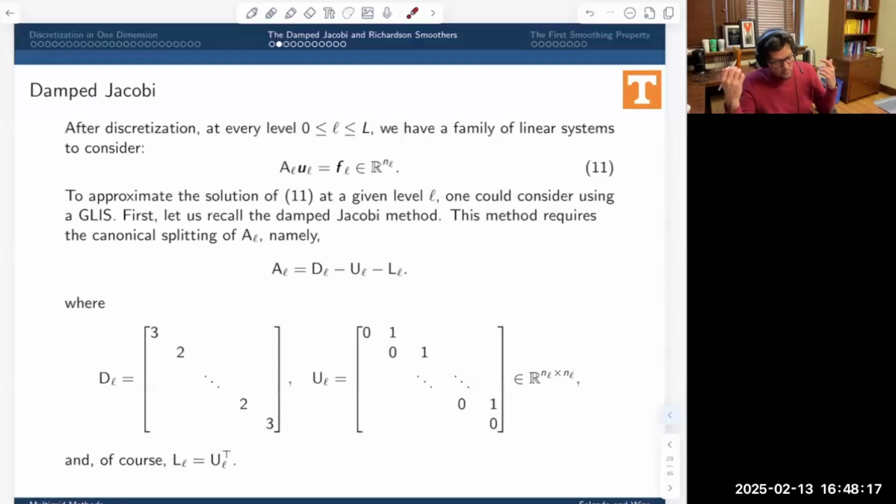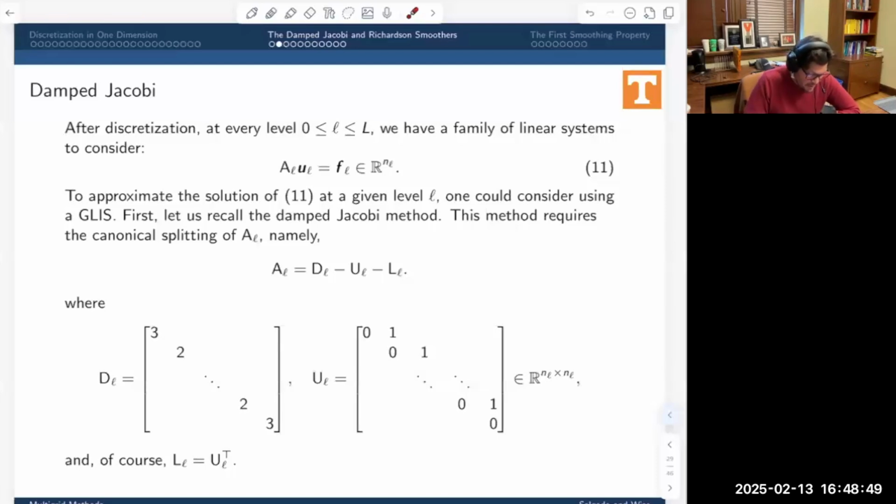Of course, whenever we do an approximation, we're thinking about applying these at some finest level, capital L. But otherwise, we have this family of linear systems that we could consider at every level in between 0 and L inclusive. So let's think about approximating the solution at some level L using one of our favorite iterative methods. In particular, let's talk about the damp Jacobi method.